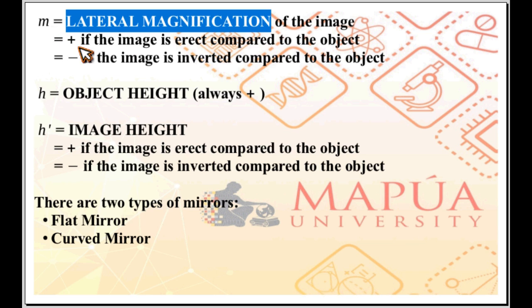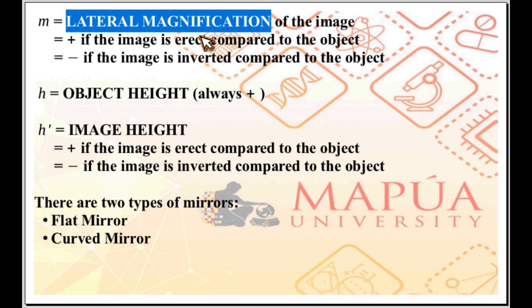If M is positive, the image is erect or upright compared to the object. The image has the same orientation as the object. On the other hand, if M is negative, the image is inverted or upside down compared to the object.